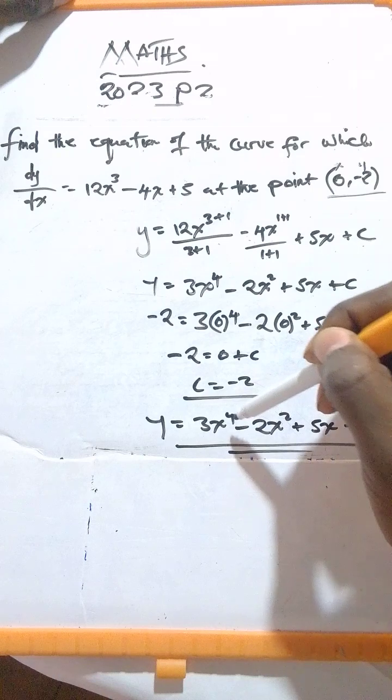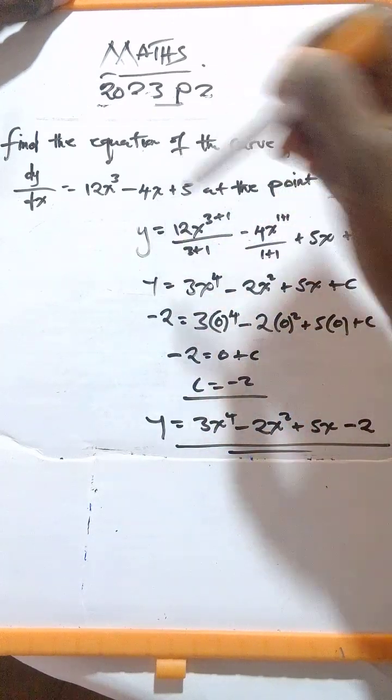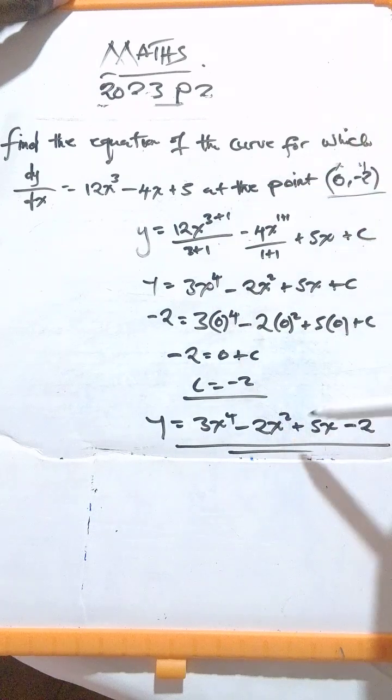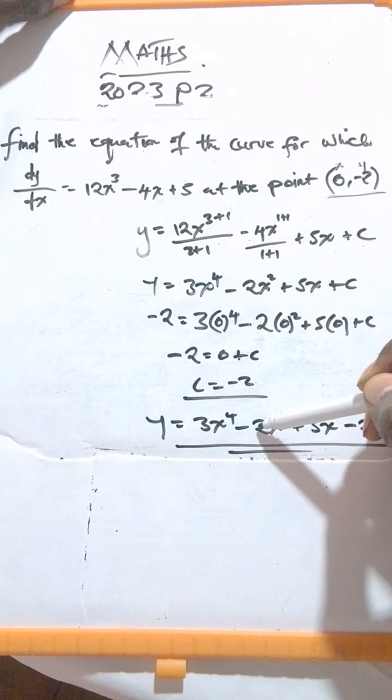If you want to differentiate this one, whenever you're differentiating, a number without a variable is equivalent to 0, so you can cancel this one. Then for the variable with power 2, we remove the variable's power by one, and 2 times 2 gives us 4.